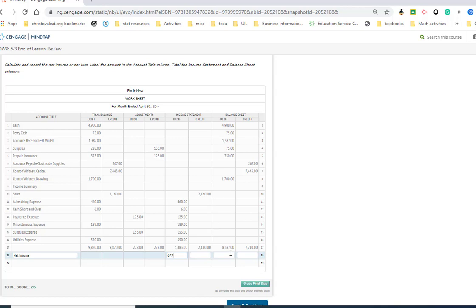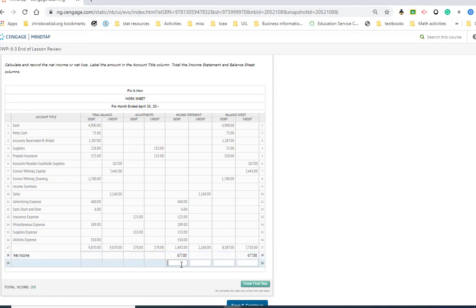So 8387 minus 7,710, and you come up with $677. And a smaller number over here is going to be our credit side. And you should always end up with them in opposite columns. So our net income was a credit on the balance sheet of $677.